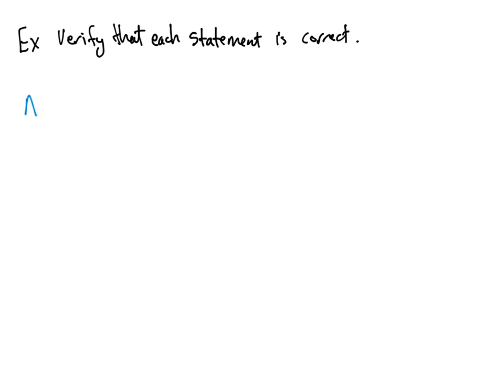So our first statement, we have the integral of x times cosine of x dx. Okay, we want to see, does that equal x sine of x plus cosine of x plus c.